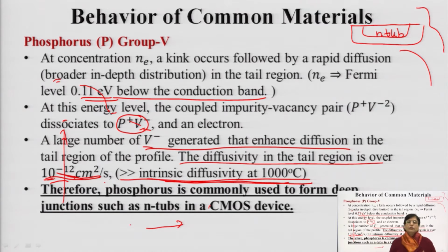Therefore, phosphorus is a common material used for formation of tubs, or N type tubs, within the silicon substrate. Whenever we are fabricating devices, especially CMOS devices, you first create a tub to isolate your device, and phosphorus is the common material used because of its behavior within the tail region.